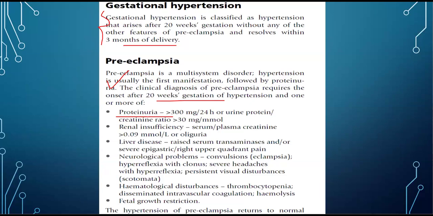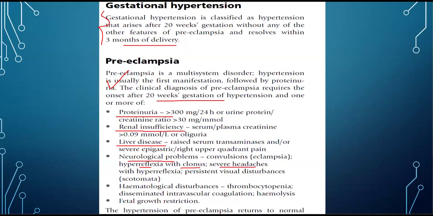We talked about how preeclampsia patients sometimes can have complications. Those complications can be renal failure, and their liver enzymes can get high, like impaired ALT, AST. They can also get a bit of inflamed liver causing epigastric tenderness or right upper quadrant pain. These patients can get neurological problems also, such as hyperreflexia.